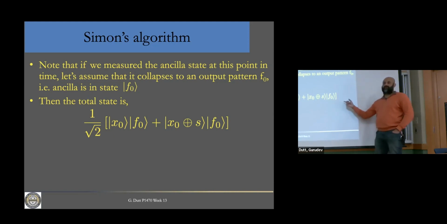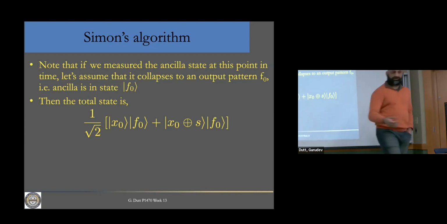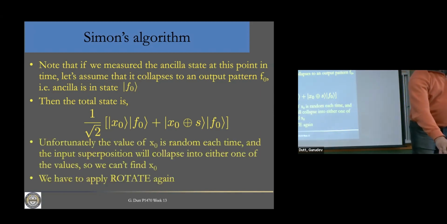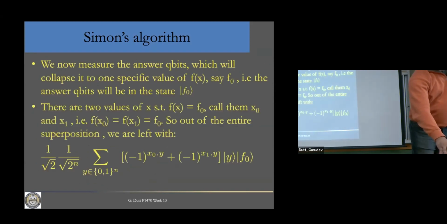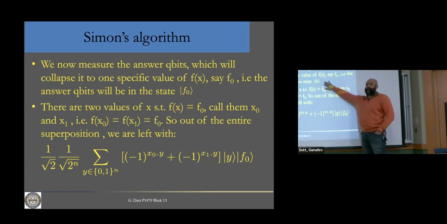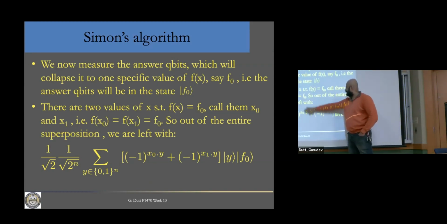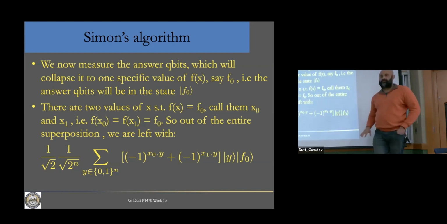More or less. If this is clear, then all that the extra rotation does is add a minus 1 to the power x naught dot y or a minus 1 to the power x1 dot y. That's what that extra rotation is doing. You can see that here. Same step: if I measure the answer qubit and I get F naught, then I get either x naught dot y or x1 dot y as the answer.